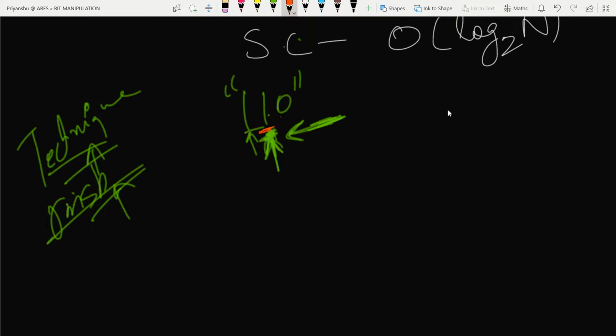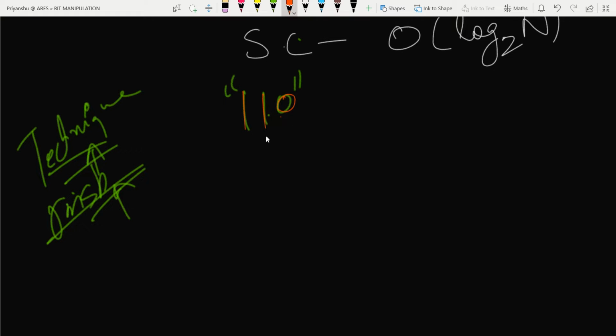So we have a number, and this is the binary representation of the number. Now we have to count the number of set bits.